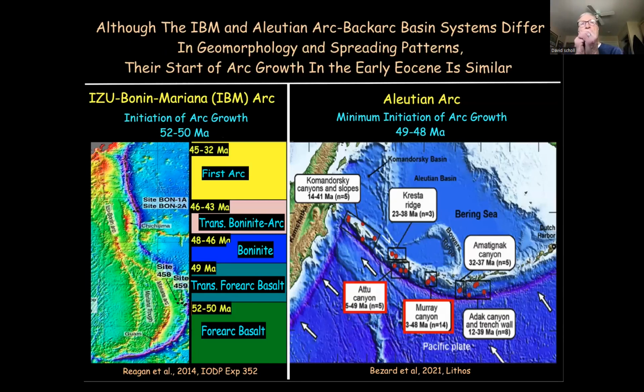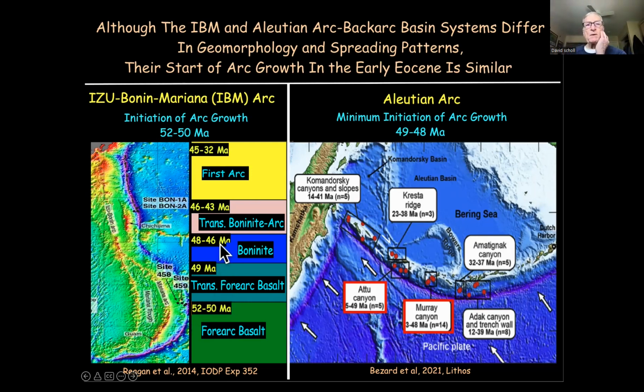But what is similar, and this is really fun, is that although the IBM and Aleutian back arc basin systems differ in their geomorphology and spreading patterns, their start of arc growth in the early Eocene is similar. Now, here in the eastern Philippine Sea there has been a lot of drilling and very good information, by Mark Reagan and others, and forearc basalts date at around 52 to 50 Ma.